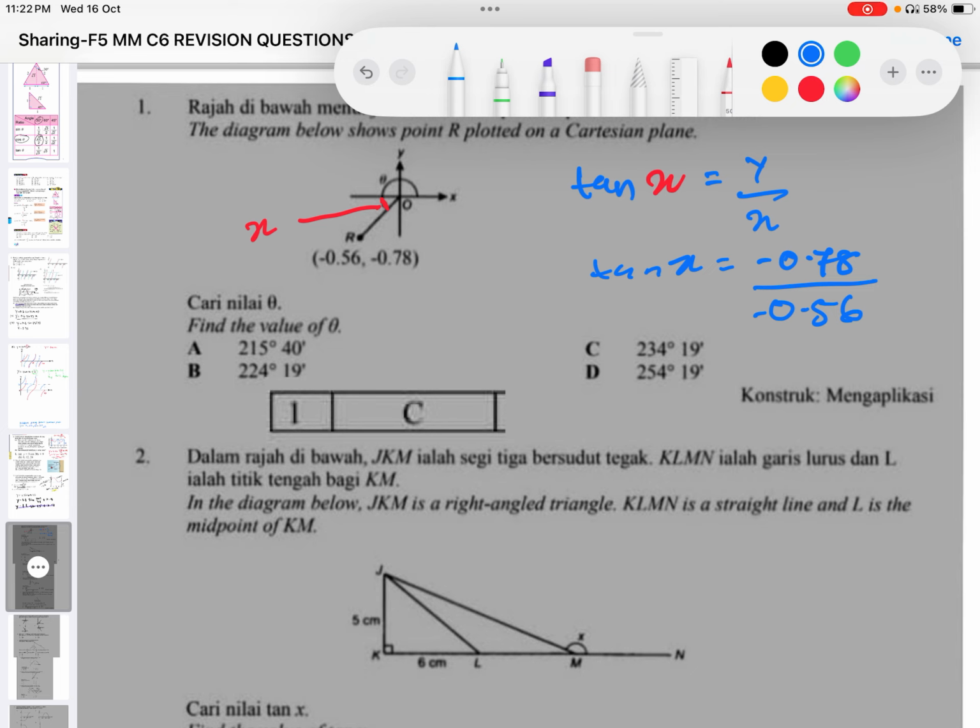0.78 divided by 0.56. Okay, we'll get 54.32.